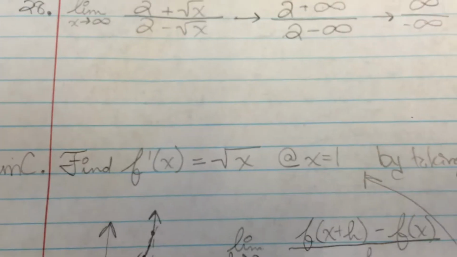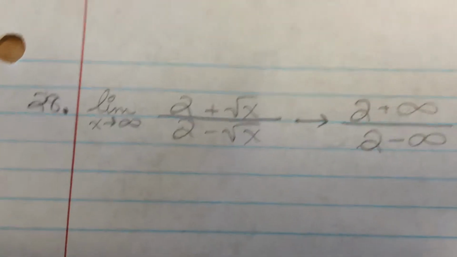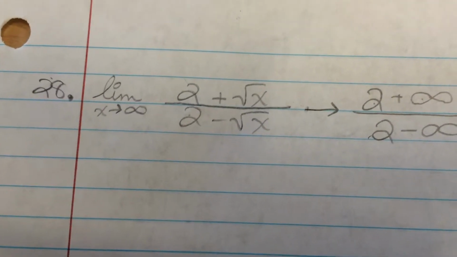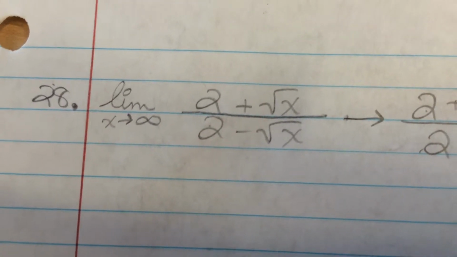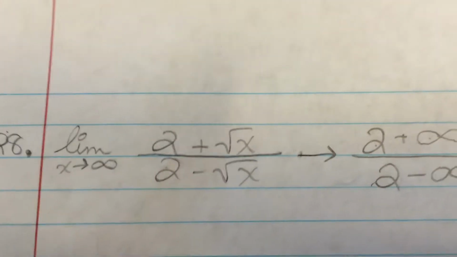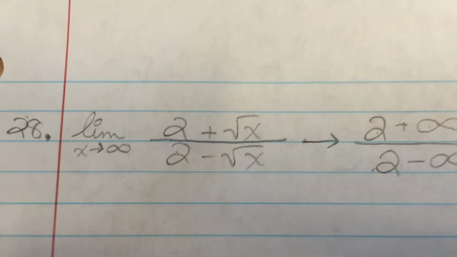The second problem that he posed to us was number 28. This says, find the limit as x approaches infinity of 2 plus the square root of x over 2 minus the square root of x.